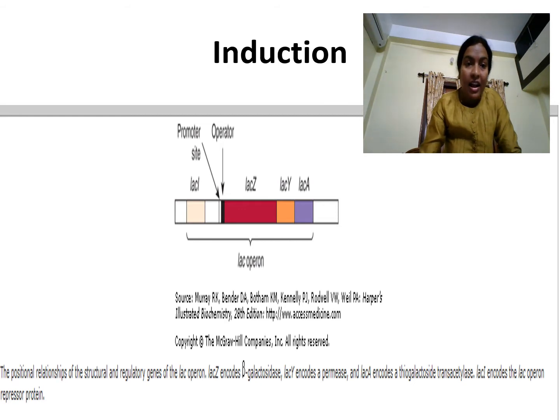Here the polymerase binds at the promoter, and the repressor molecule binds at the operator site, which regulates the structural genes lac Z, Y and A. So this is the basic picture of our lac operon. Now what happens when the inducer molecules are present? See in the next slide.